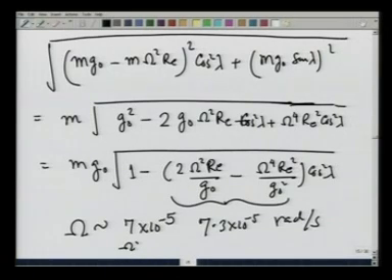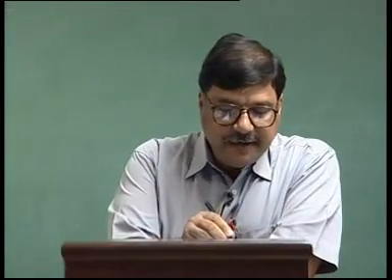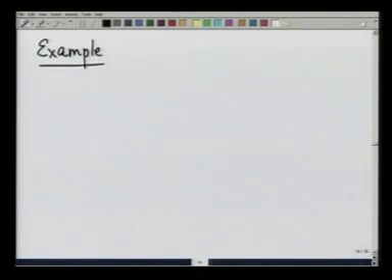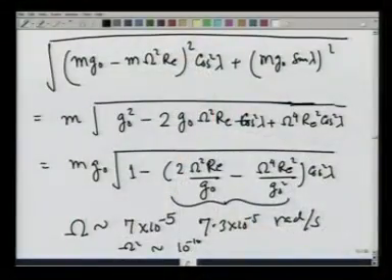So omega square is of the order of 10 raised to minus 10. Nonetheless, the effect is there. Before I take the second example, let me comment on the previous example. The reduction of the gravitational pull is purely because of the centrifugal force.